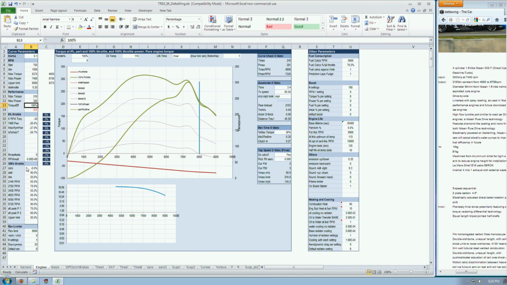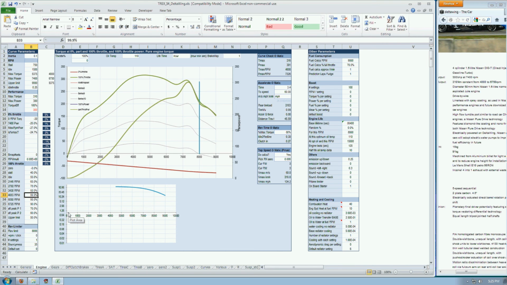So here is the torque curve, and based on the RPMs that I've entered here, it picks a few points, and then I can easily adjust the torque percentage. And flat from 4000.